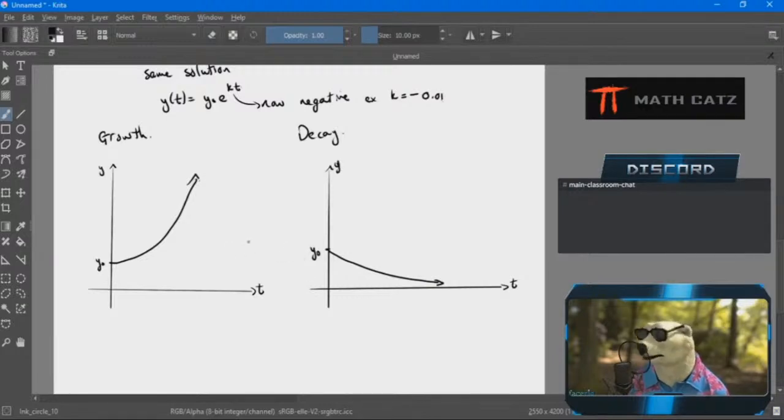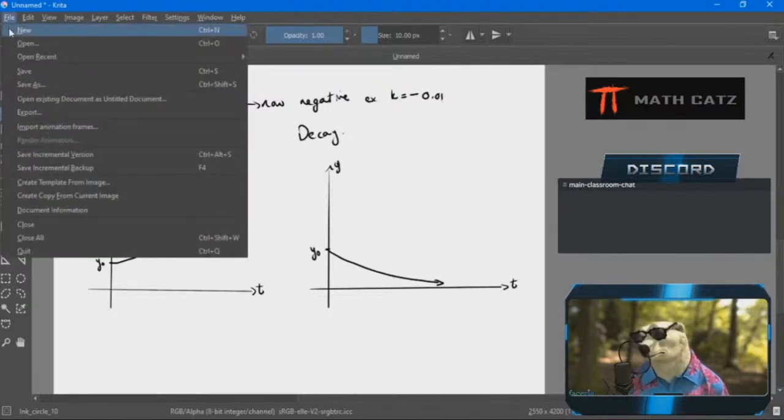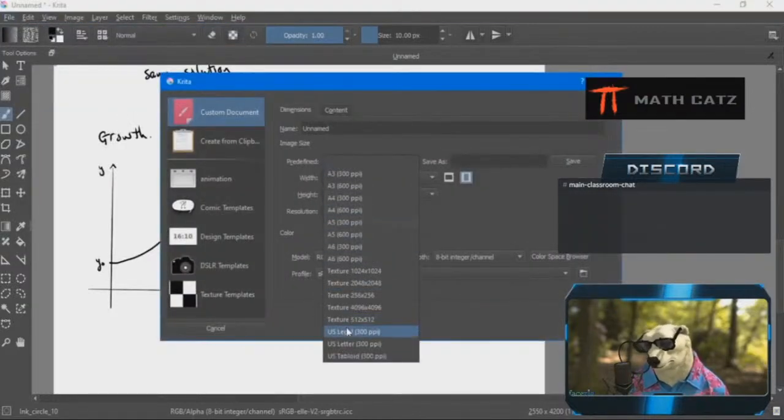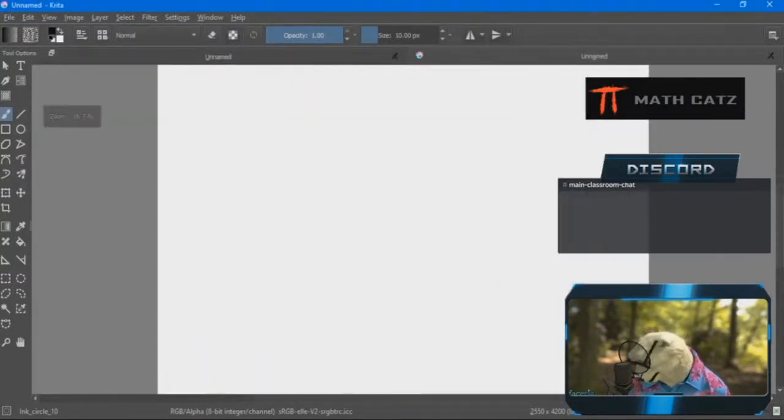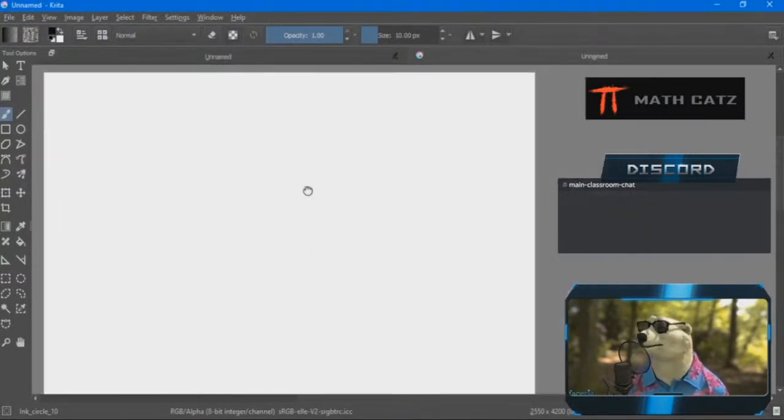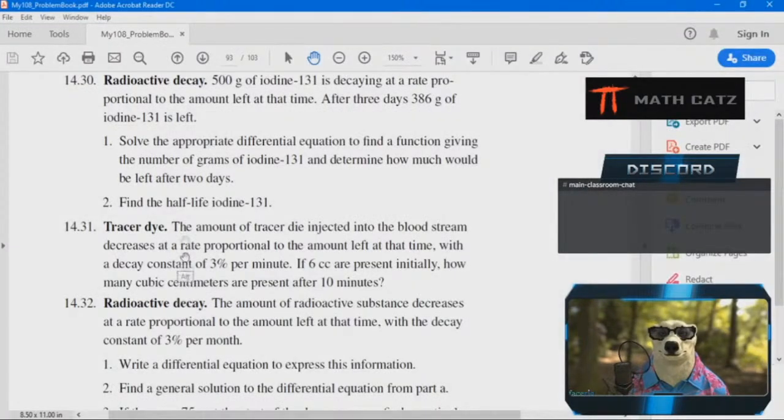So let's look at some examples to see how this is going to look in a practical problem. The first one I want to do is 14.30.